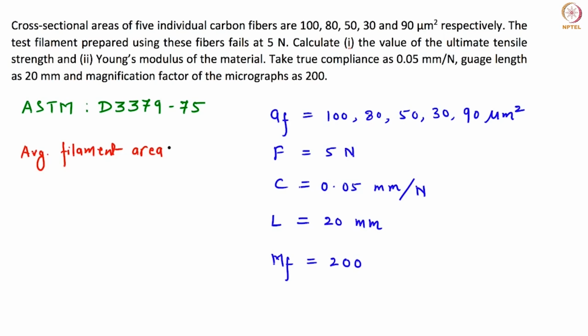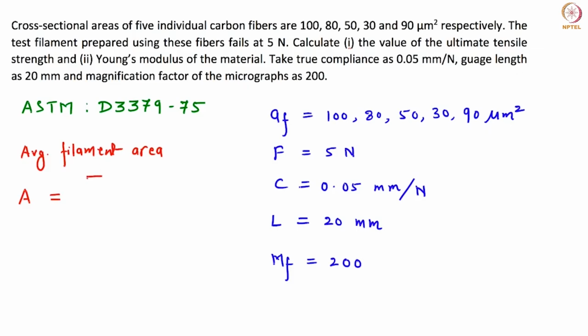So filament here does not mean an individual fiber. You can also do the testing for individual fibers, but slightly different methods are used for that. Here we are talking about a filament which is actually a bundle. So this filament area, or A, you also see the term AF, is what we are going to calculate, and that is what is useful for all the calculations.